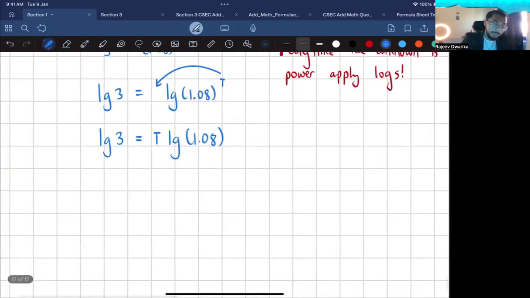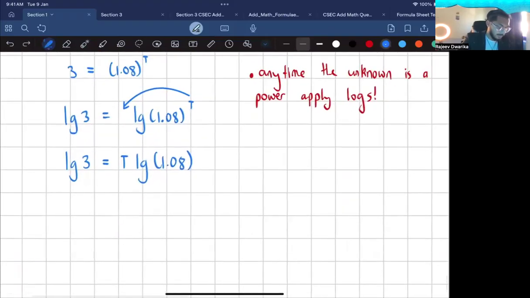So Kira, if I'm trying to find t, what would I have to do on both sides? Right now, t is being multiplied by log 1.08. Okay, Kira, maybe if I swap it, maybe we'll just see it.